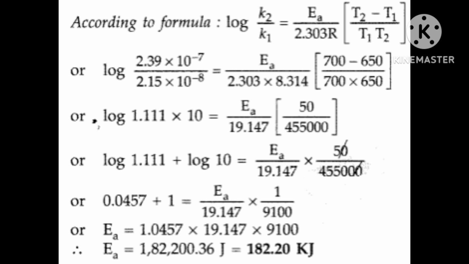The remaining N2O5 will be 0.5 minus 2x atm.